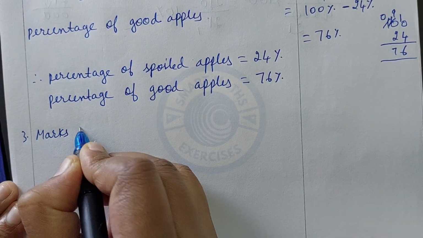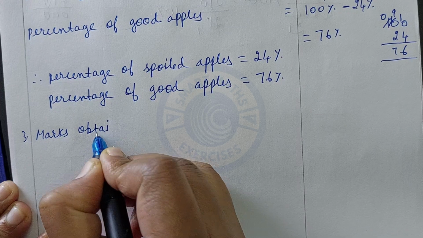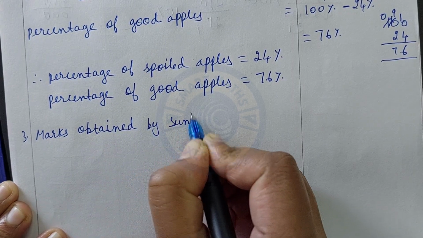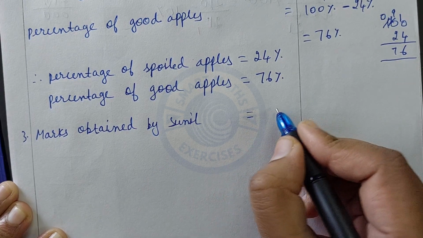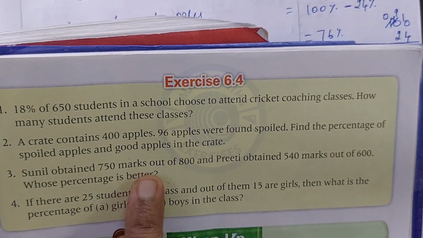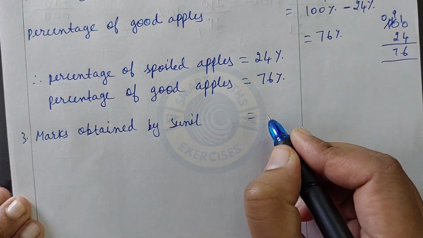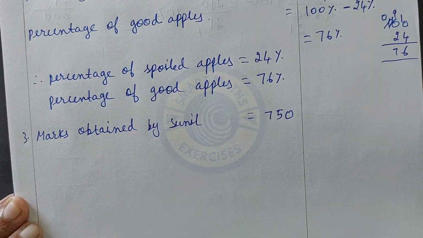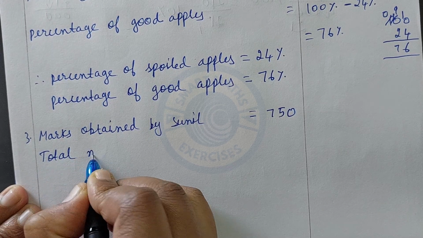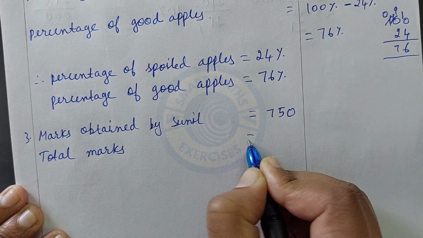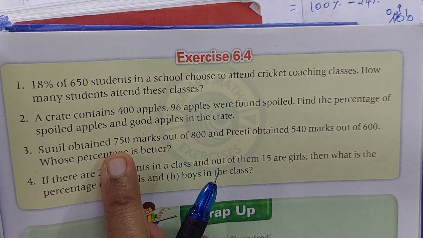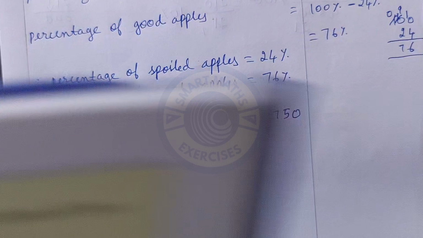Marks obtained by Sunil is equals to, in the question they've given, Sunil obtained 750 marks. 750. Total marks is equals to, out of 800 Sunil got 750, so total marks are 800.